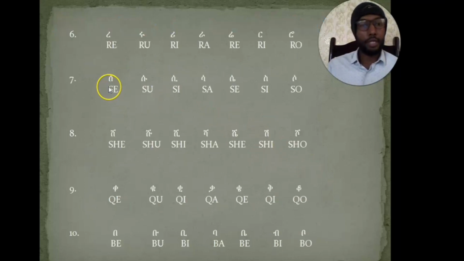So number 7 is also called Sa. But in order to differentiate, this Sa is called Negusu Sa. Negus means king in Amharic. Since a king has a crown on its head, this Sa has a sign like a crown on its head.